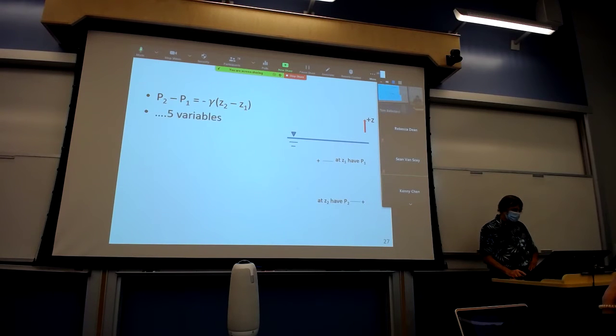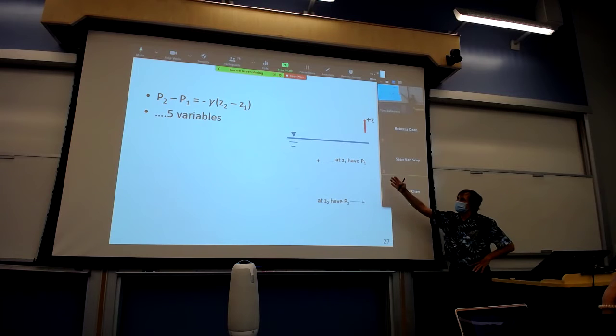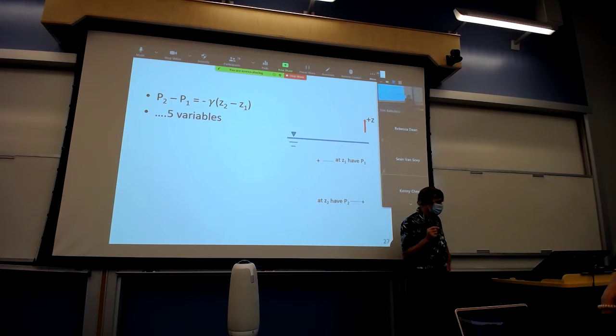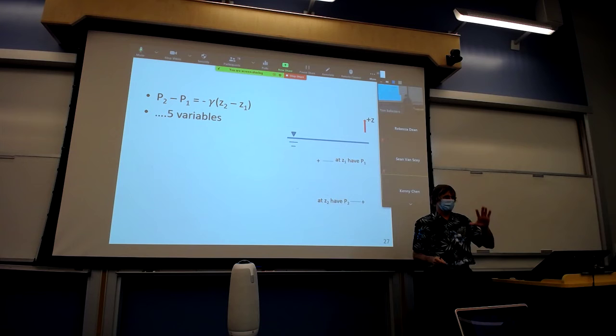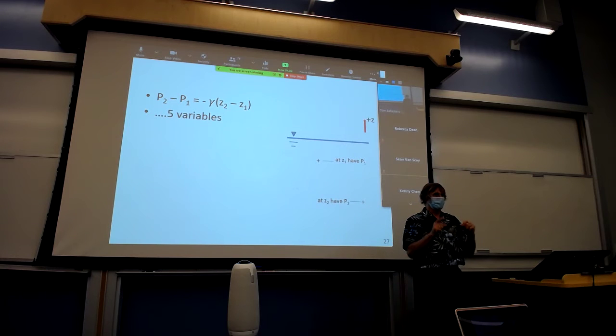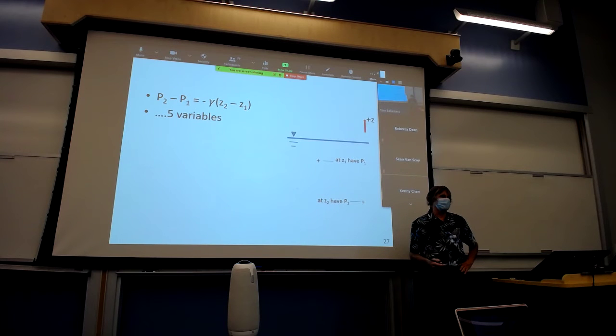So for this same problem, we just derived the equation at the beginning of the last slide. If you look at that equation, 2 pressures, specific weight, and 2 elevations: 5 variables, 1 equation. The only way to solve that equation is to either know 4 of those variables or have boundary conditions that dictate what some of those variables must be.